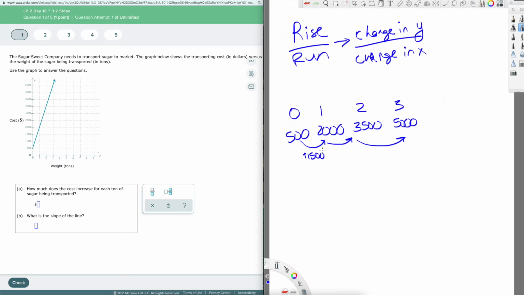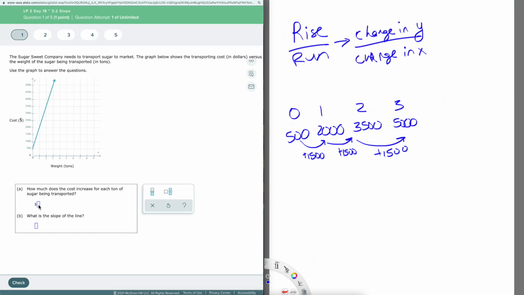And then to go from 2,000 to 3,500, I had to add another $1,500. And to go from 3,500 to 5,000, I had to add another $1,500. So the change in cost every time I add a ton is $1,500. That's how much it costs per ton. So we say it's $1,500.